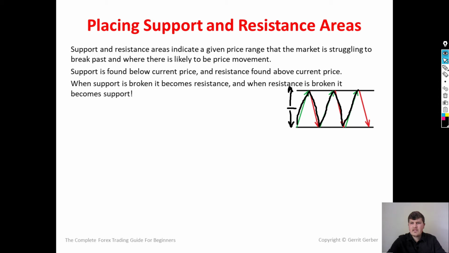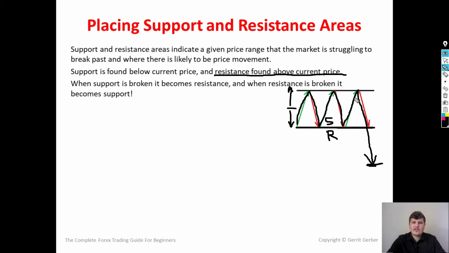So for example, if price decides to break past this current support area, it becomes a new resistance area because it is now found above the current market price. Like we said here, resistance is always found above the current market price.